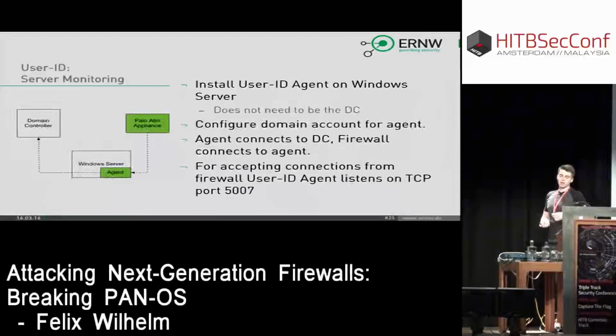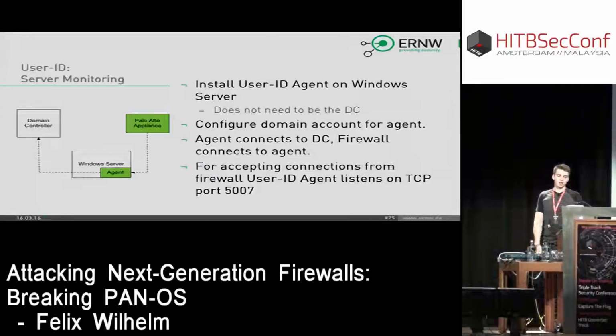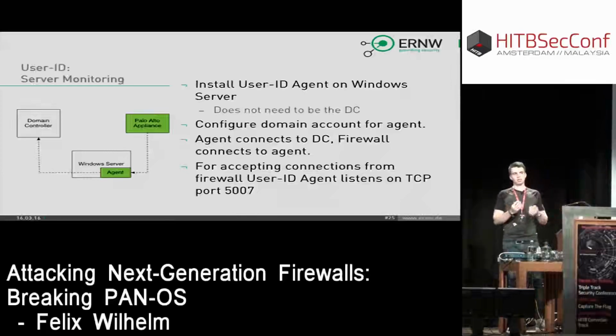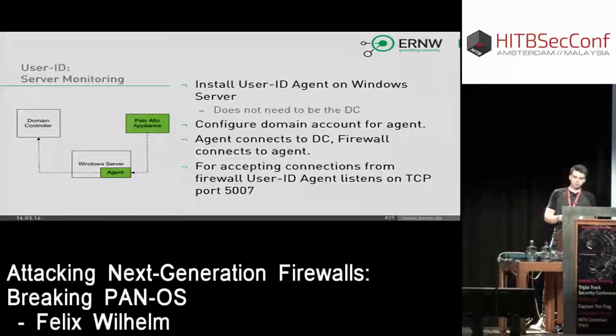So the next way you could implement this, or what Palo Alto supports, is the so-called User-ID agent. The idea is if you have hundreds of Palo Alto appliances, you don't want every appliance directly connecting to the domain controller. Instead, you have a dedicated agent. The appliance connects to the agent, and the agent connects to the domain controller.